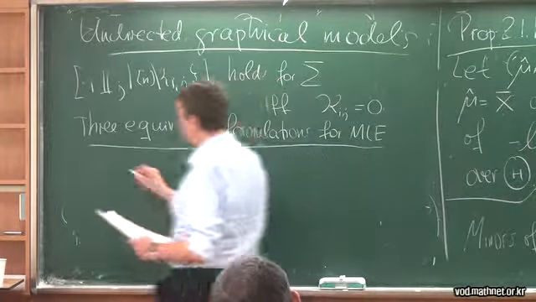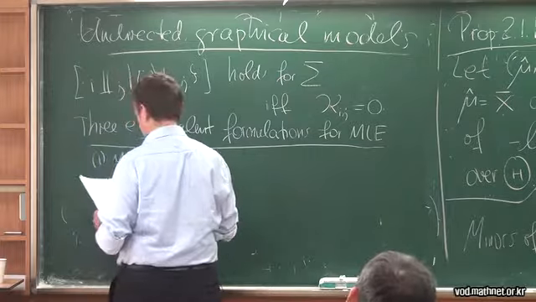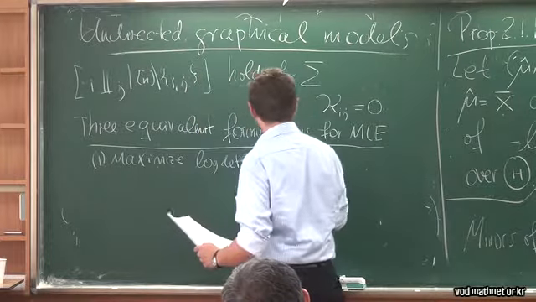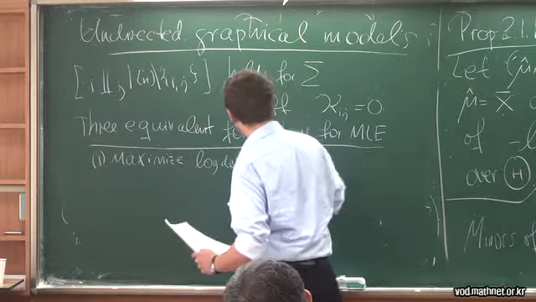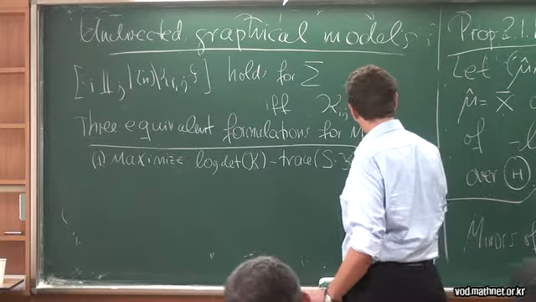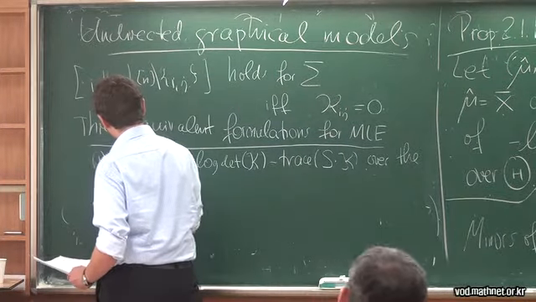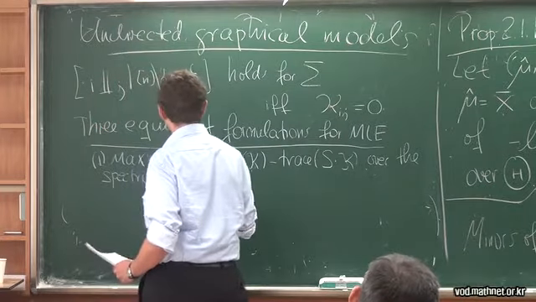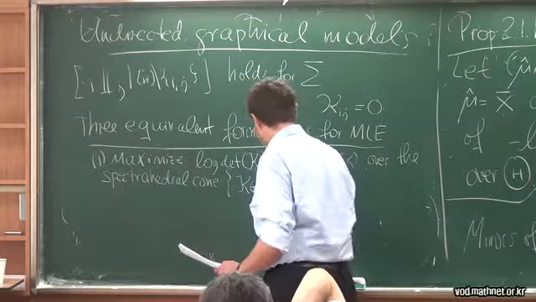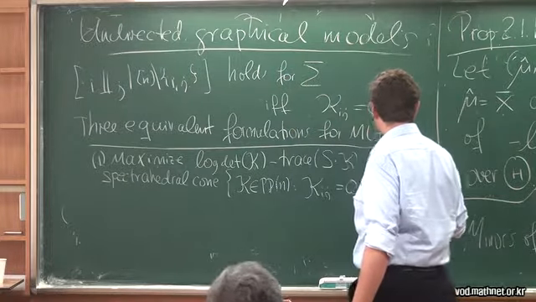So number 1 is the one in the proposition. For a Gaussian graphical model, we're maximizing log det of kappa minus the trace of S kappa over a certain set, namely the spectrahedral cone of all positive definite n by n matrices whose entries are 0 on the non-edges.